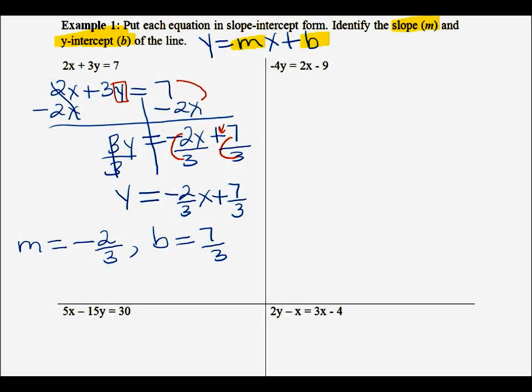Let's take a look at the next one. So I have negative 4y equals 2x minus 9. I'm doing the exact same thing. My goal is to isolate the variable y. So here all I need to do is divide by negative 4. So I'll divide everything by this negative 4.